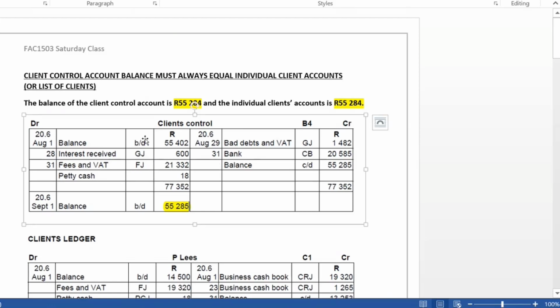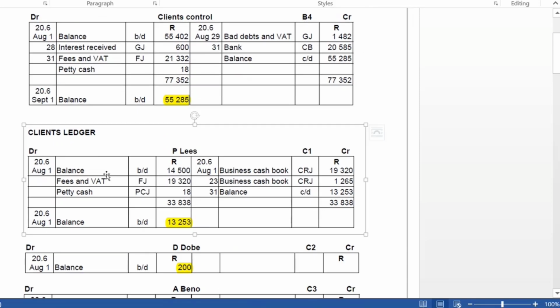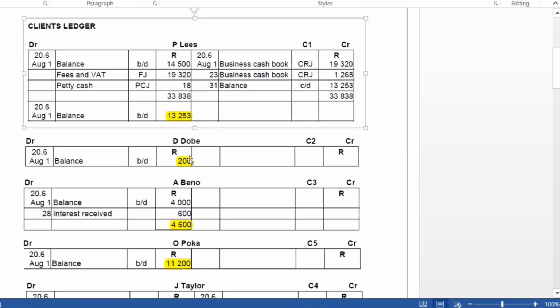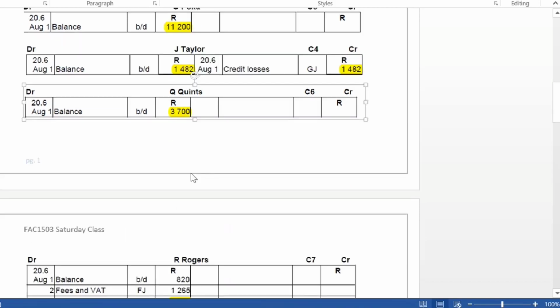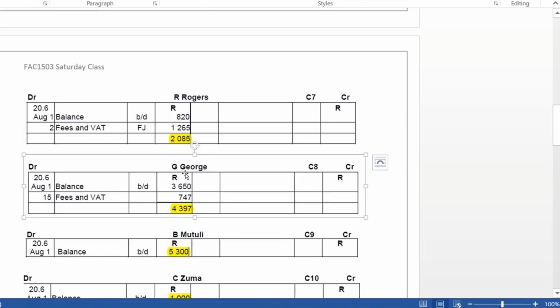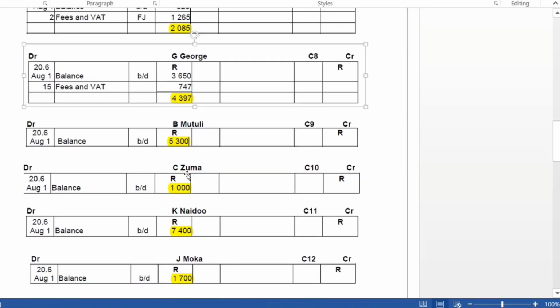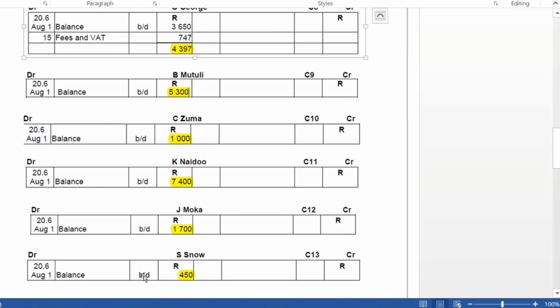So the client control is the total of all your client balances, and the client ledger is all the individual client balances.